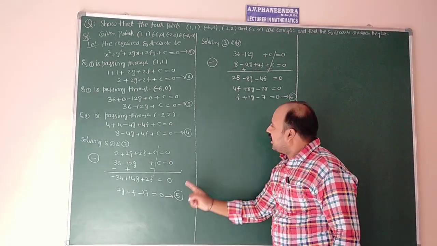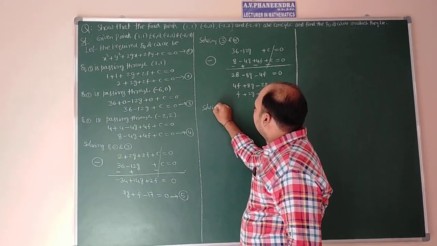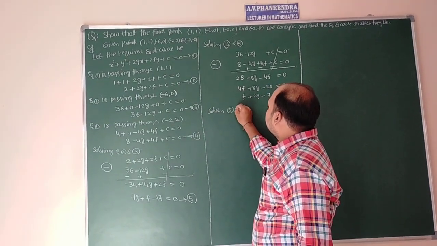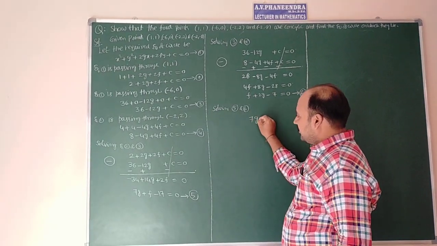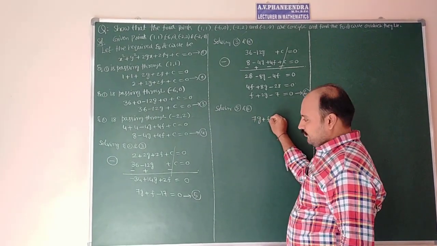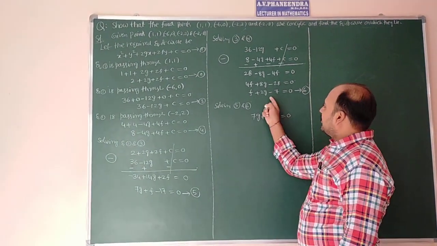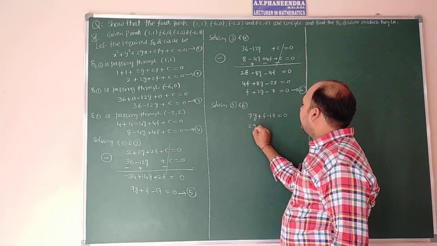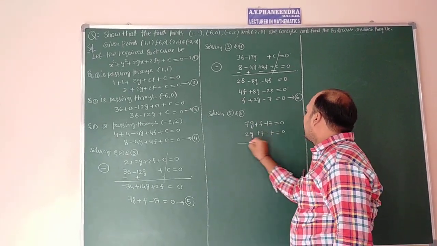Now solving 5 and 6. Fifth equation, 7g plus f minus 17 equal to 0. And this equation, first g term, you have to write 2g plus f minus 7 equal to 0.